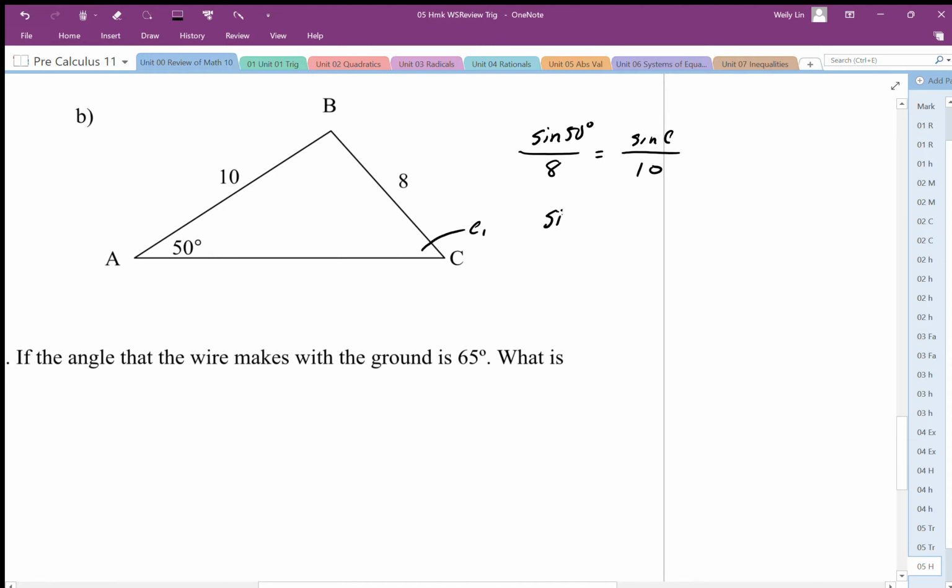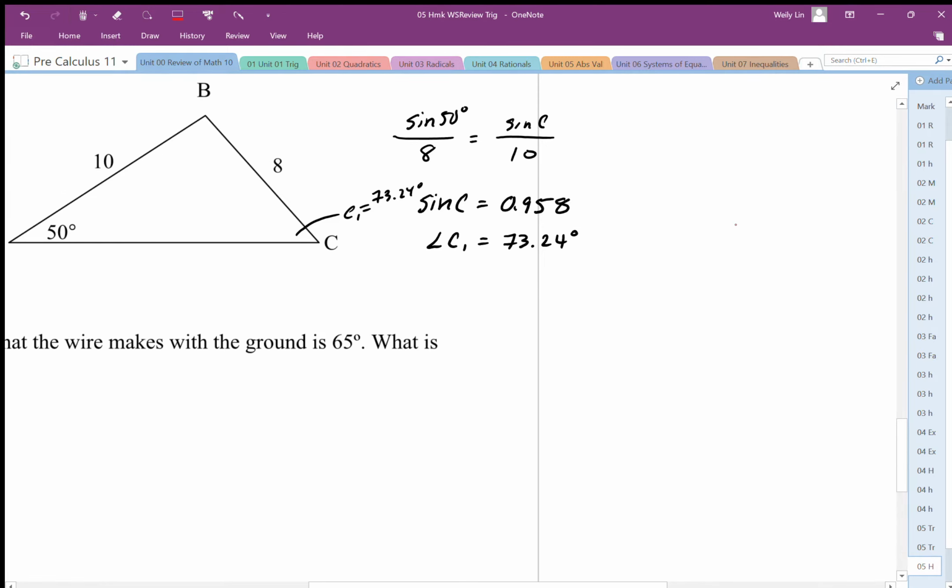So solving algebraically for this, I get sine C is equal to 0.95, approximately, when I round it. The angle C, which I get from my calculator, is 73.24 degrees. Okay, so that's going to be my C1, 73.24 degrees.